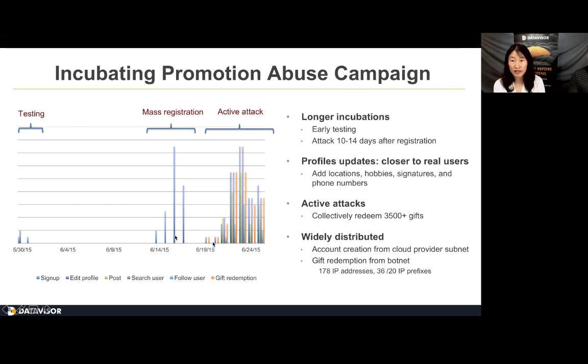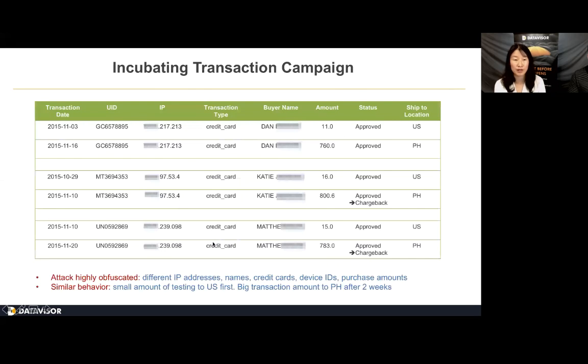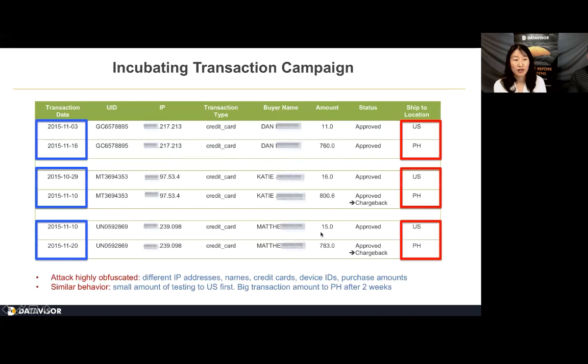Let's go to another example, a transaction campaign. We show three user accounts here. The first two are one user, the second is one user, and here is another user. If you look at them individually, they use different IP addresses, different names, different credit cards, device IDs, and very different purchase amounts. But if you look at them more closely, they actually have very similar behavior.